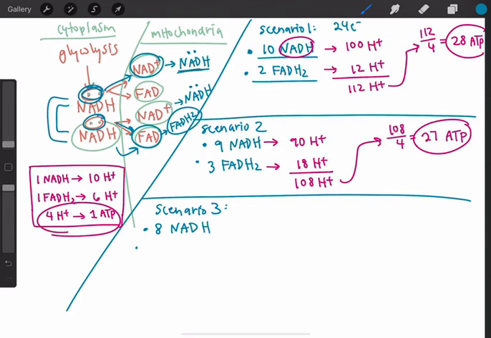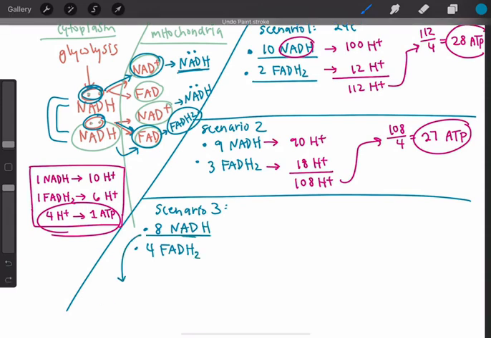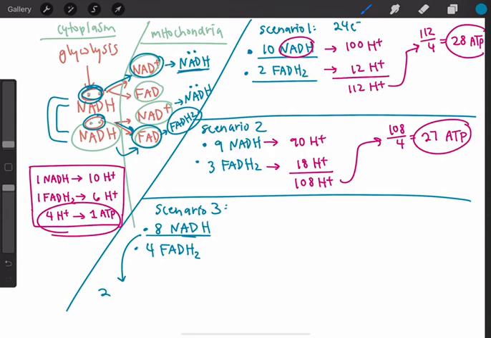So here we have 4 FADH2. Looking at this NADH, remember we got 2 NADH from pyruvate oxidation, and we get 6 NADH from the Krebs cycle.